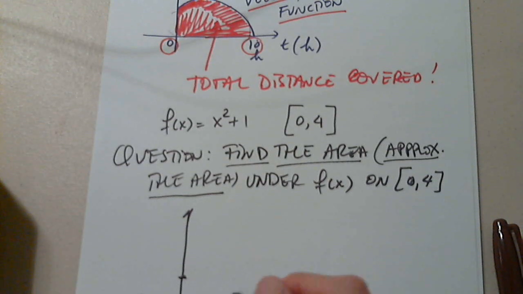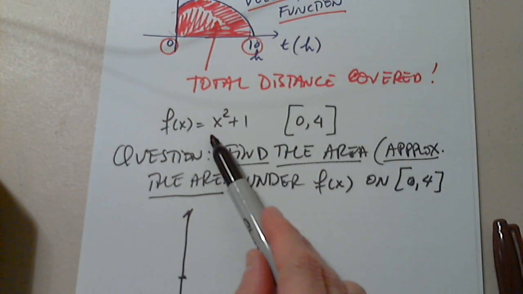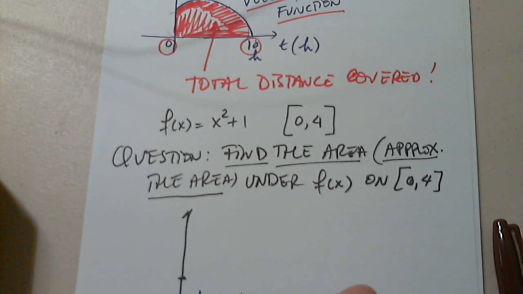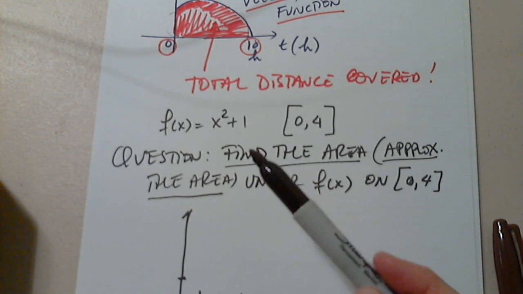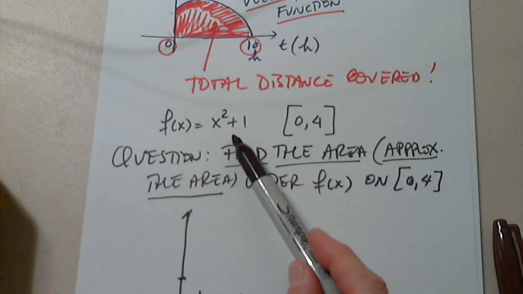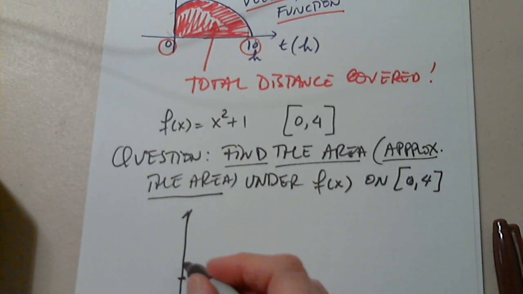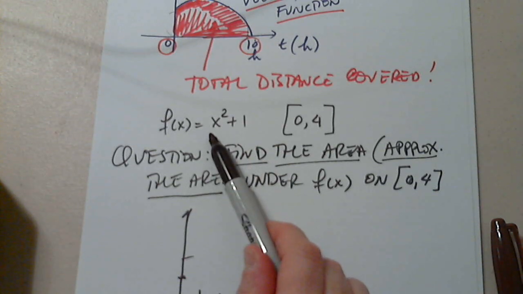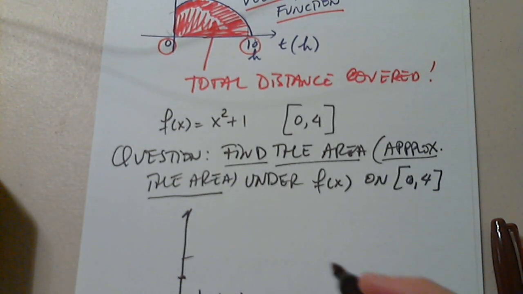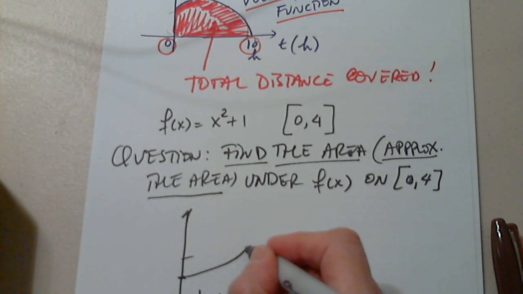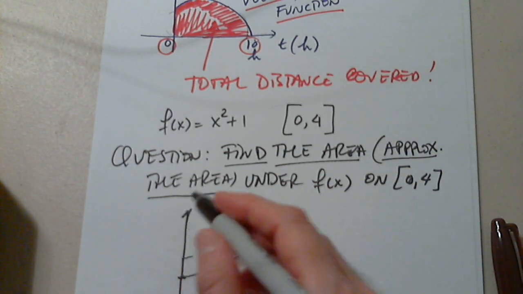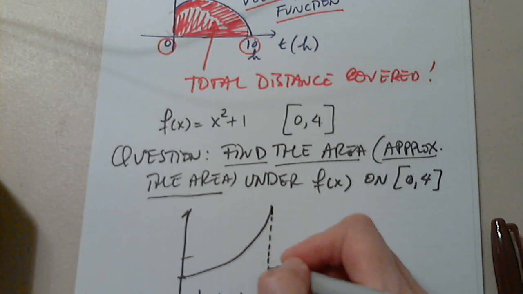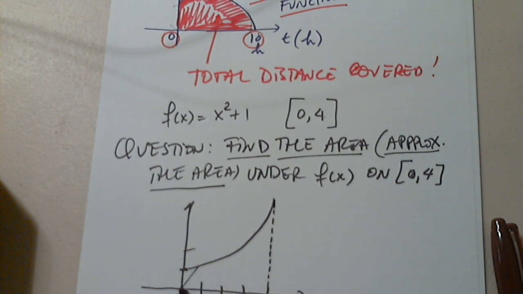Good. So when x is 0, y is 1. 1, 2, 3, 4. At 1, 1 plus 1 is 2. At 2, 4 plus 1 is 5, and so on and so forth. So let's say I have this graph, and right here is 4, 16, 17. I want to find this area.